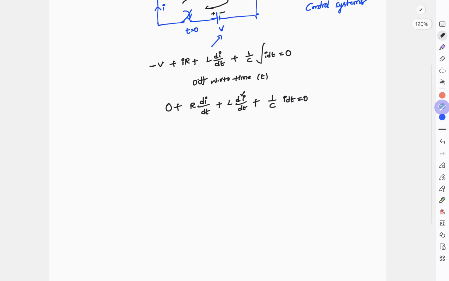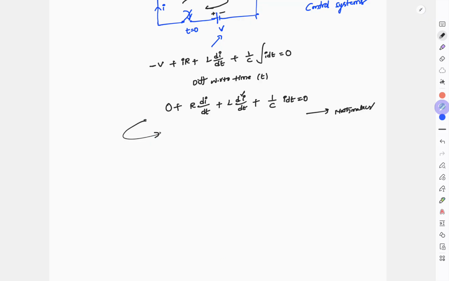Next, what you have to do, you know, right? You might have gone through mathematics. From a differential equation, you know how to write this in equation form.